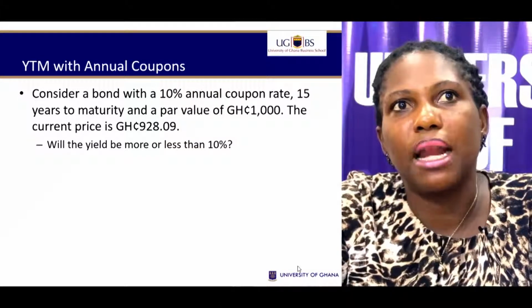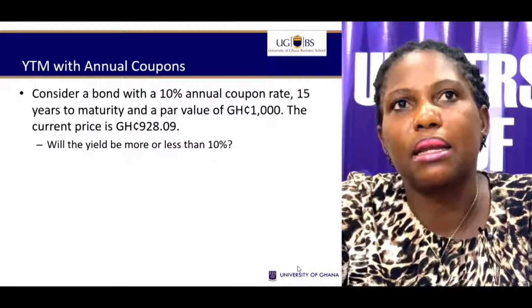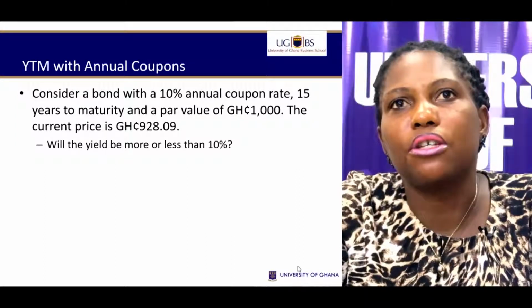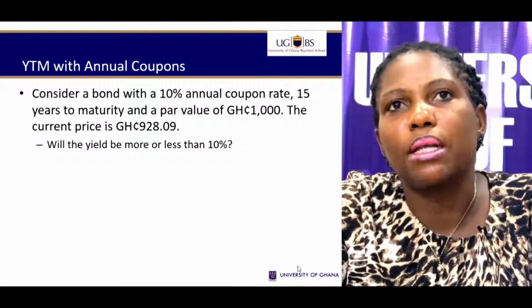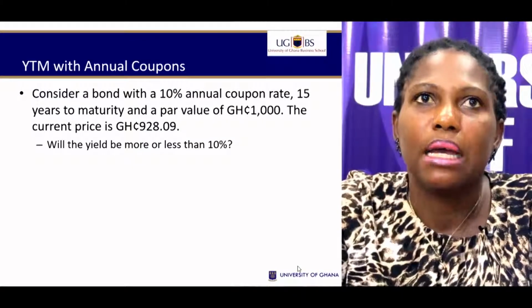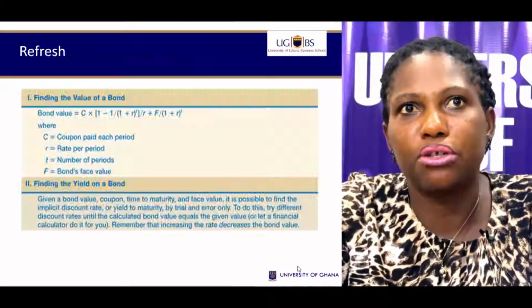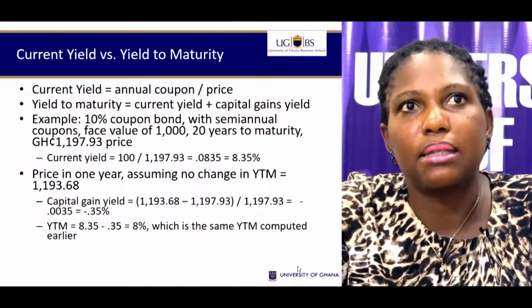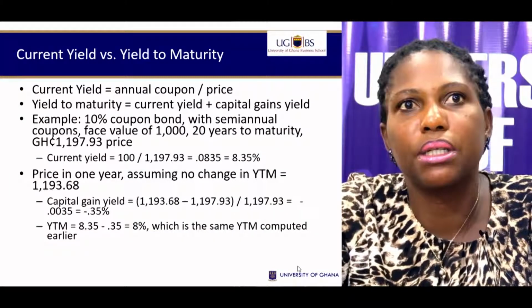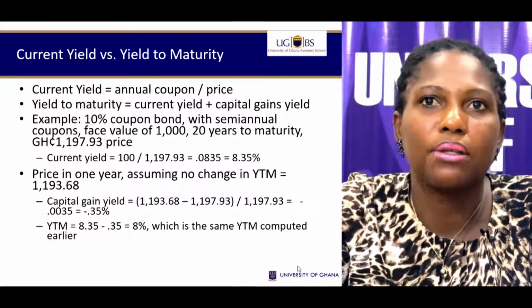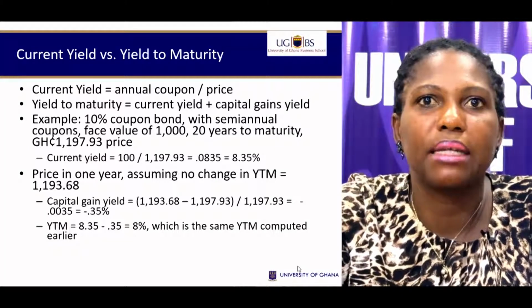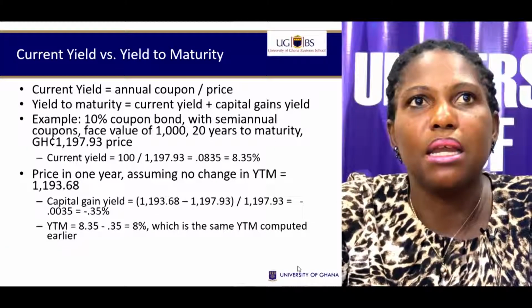By doing trial and error, you're able to determine at what interest rate the price equals the par value. At that point, you would have arrived at your yield to maturity. And so these are the examples, and then how to proceed.